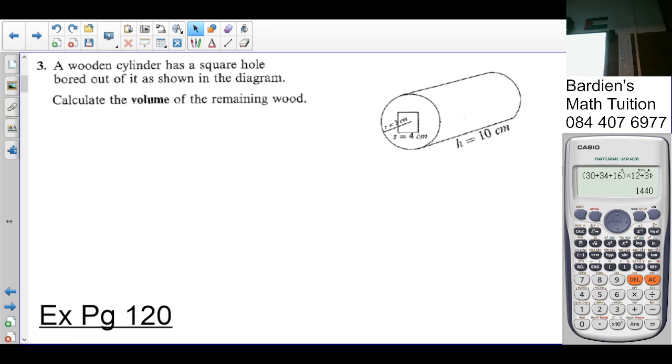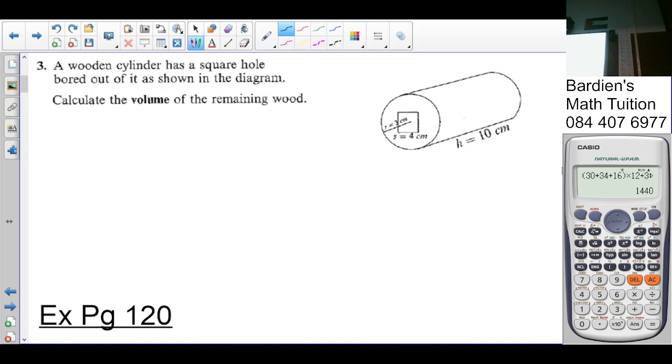How do you think we're going to do this? We have a cylinder, and out of that cylinder, a square prism is cut out. So the volume of the cylinder is minus the volume of the square prism. Not so? So let's do that calculation.